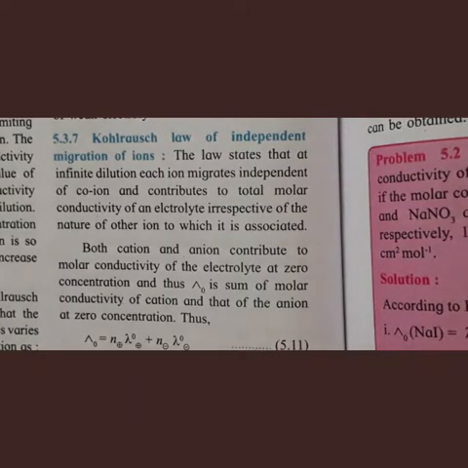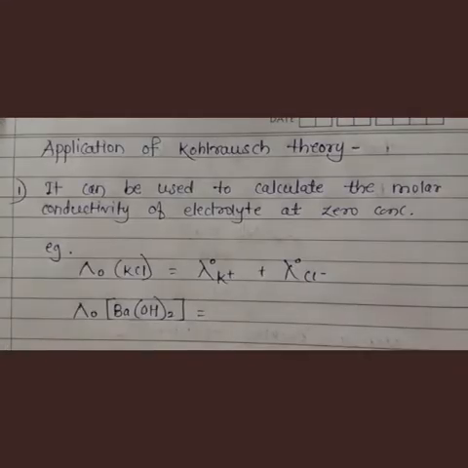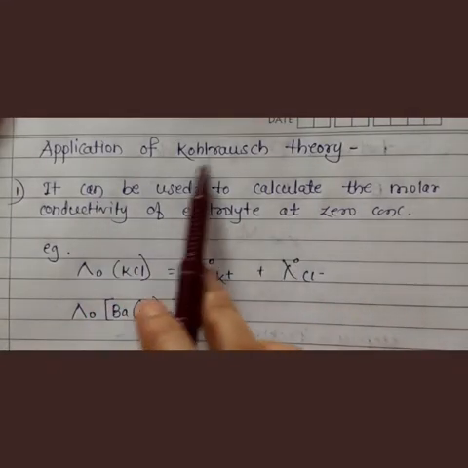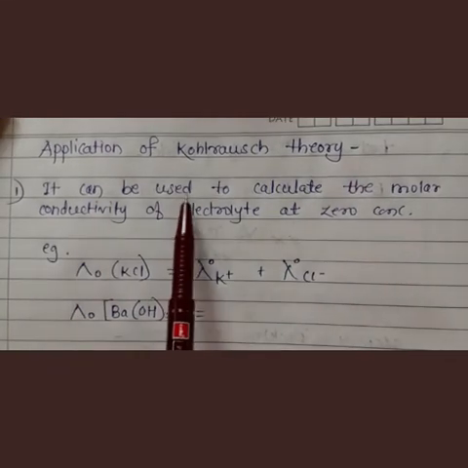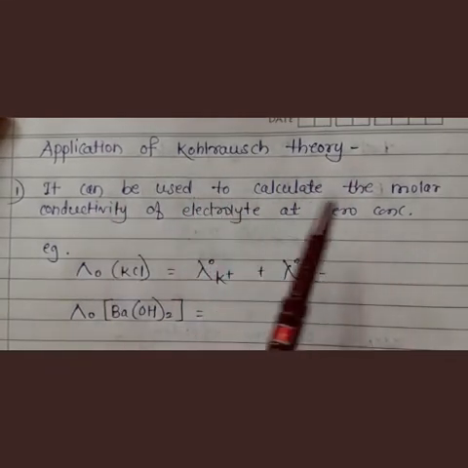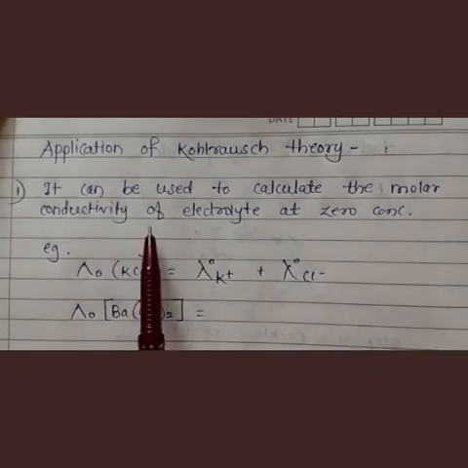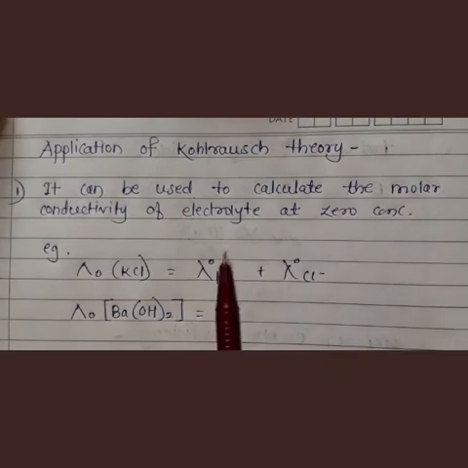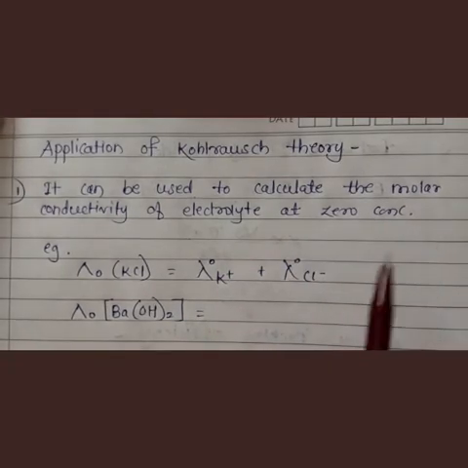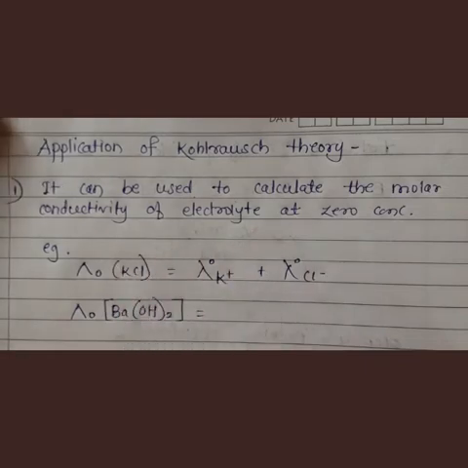Now let us see what are the applications of Kohlrausch law. See the first application: it can be used to calculate the molar conductivity of an electrolyte at zero concentration. That means if you know the molar conductivity of cation and anion, you can find out the molar conductivity of that electrolyte.